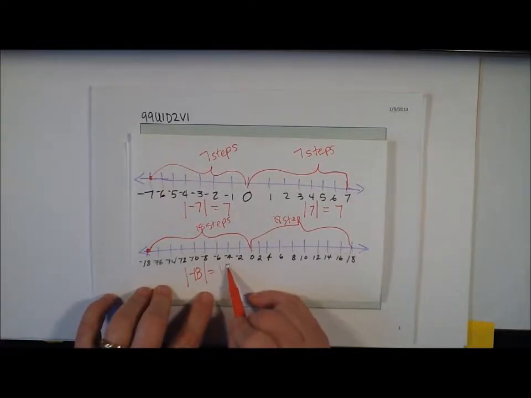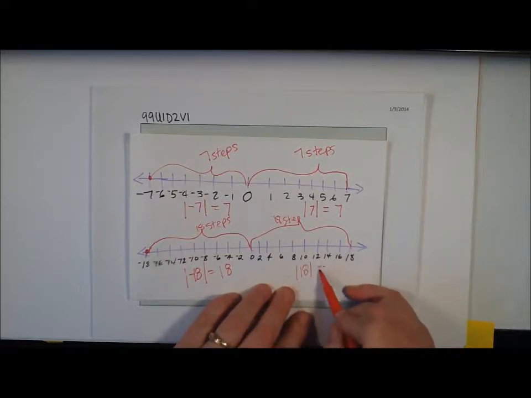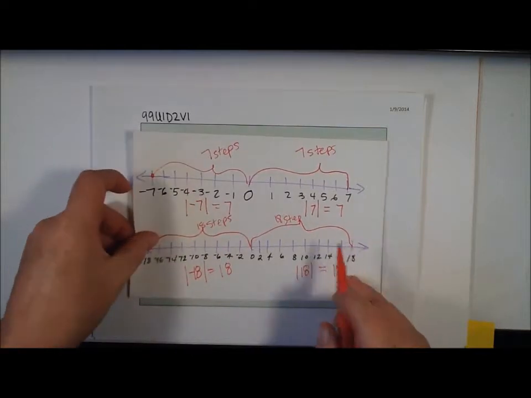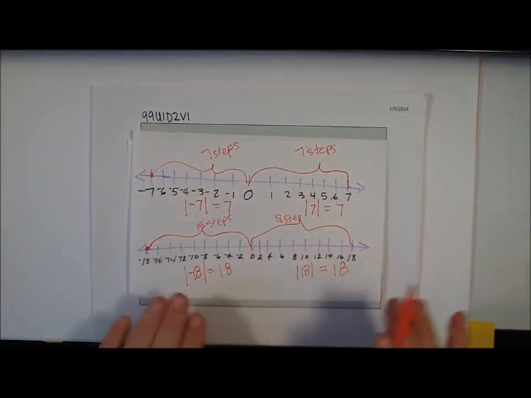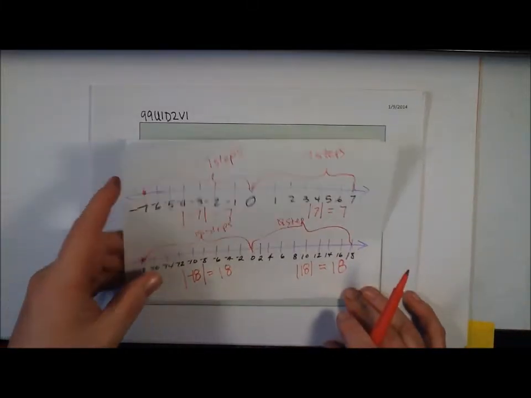And there are 18 steps. And the absolute value of 18 is also 18. Very important: steps are always positive, so the results of an absolute value equation are always positive.